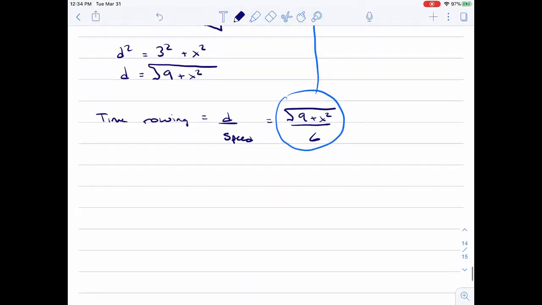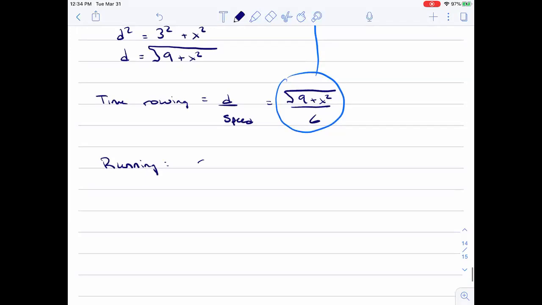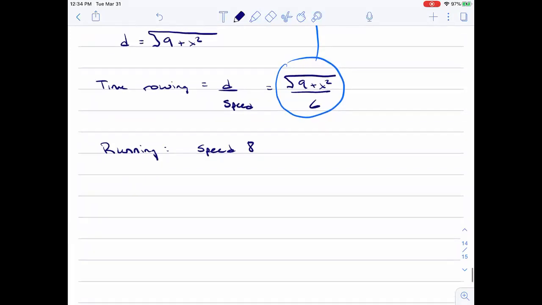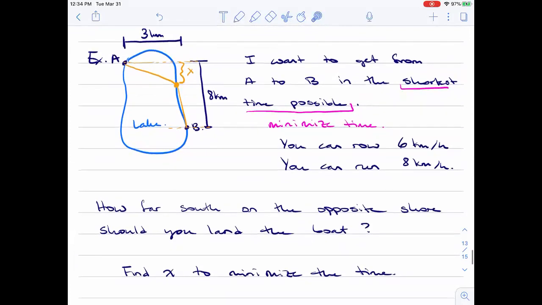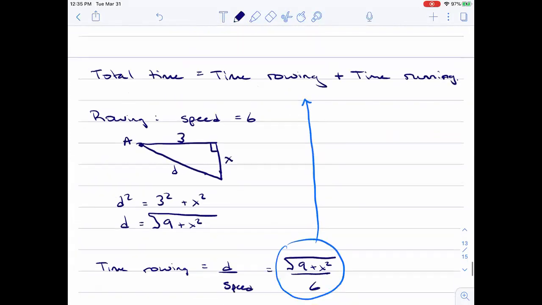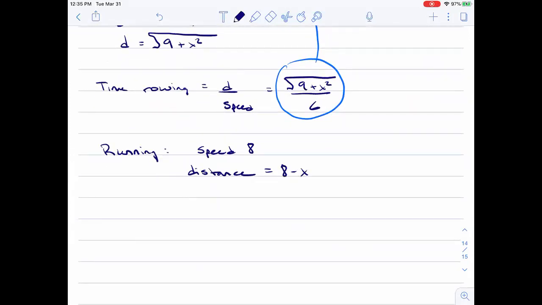In fact, it's going to be a little bit easier. Let's focus on the same setup. Running, our speed is 8, and the distance running is 8 minus x, whatever x is. We want to figure out where we should stop rowing, where we should be aiming for to minimize the time. So the distance that we're running is 8 minus x.